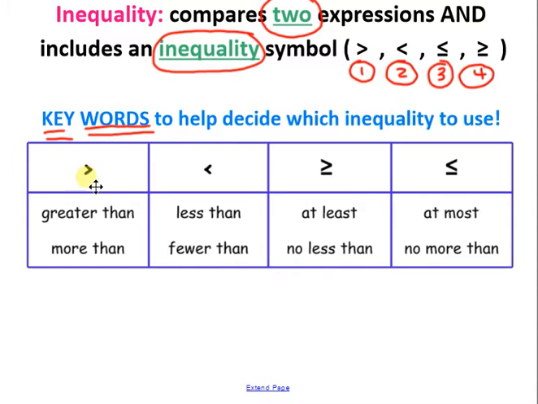So this symbol right here again is called greater than. It's also going to be called more than. This symbol right here is less than. It's also called fewer than.